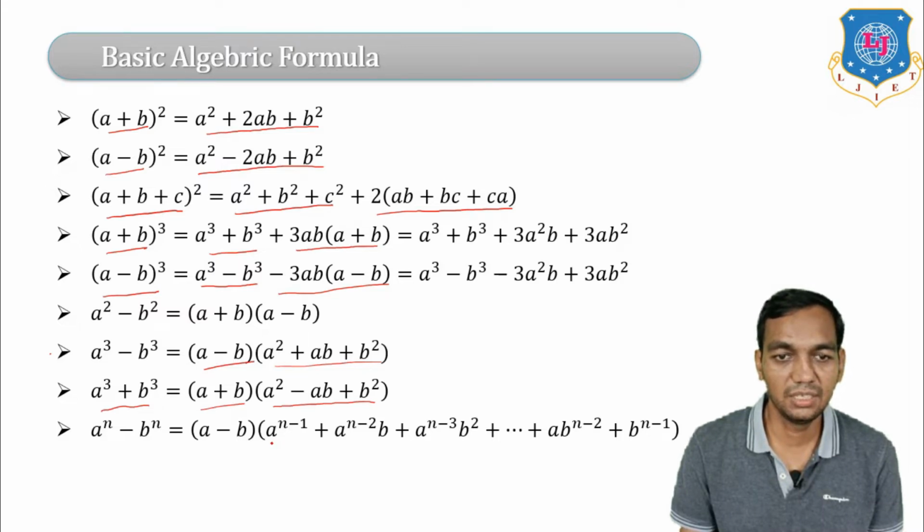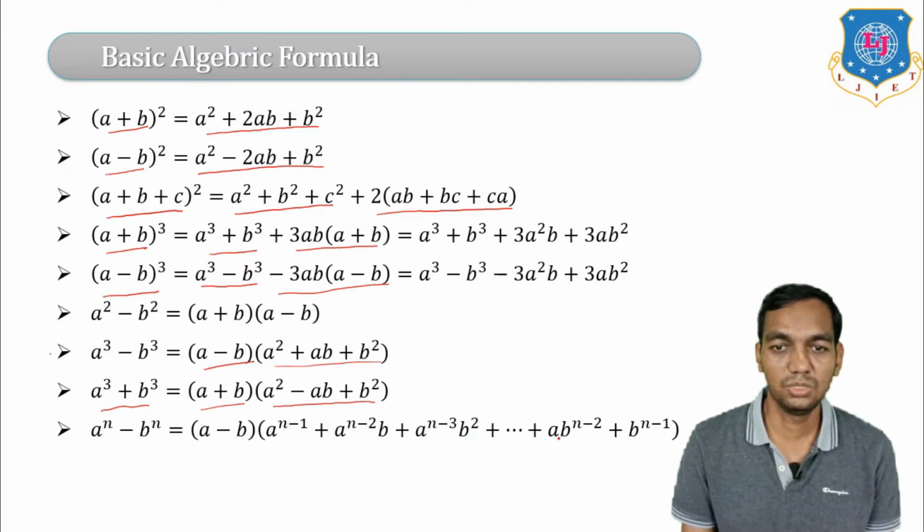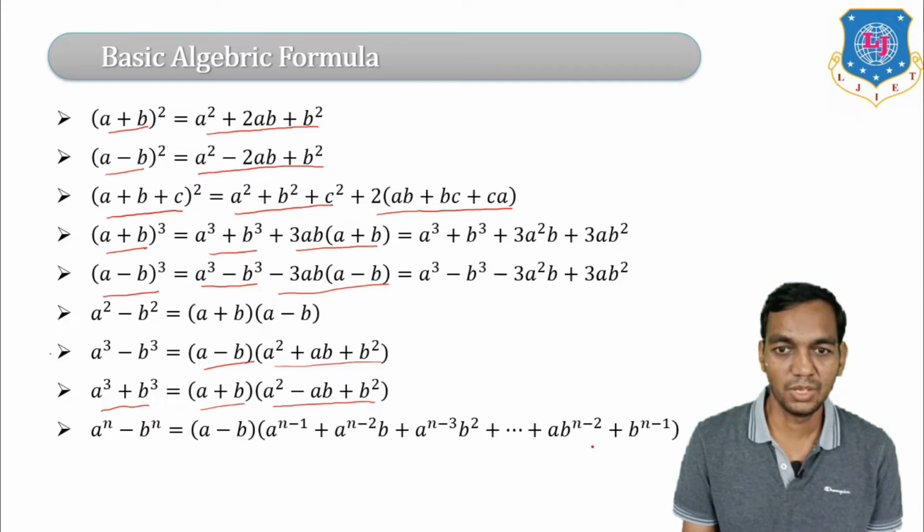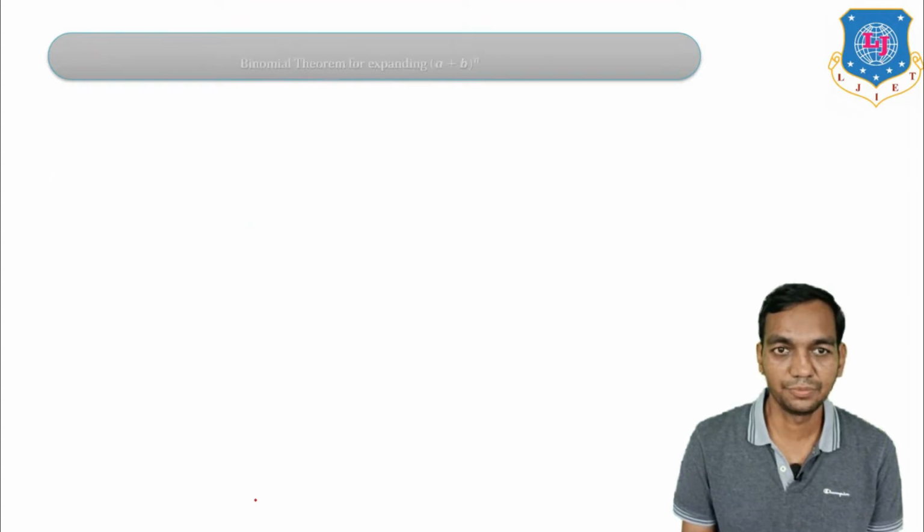In the second bracket aⁿ⁻¹ + aⁿ⁻²b + aⁿ⁻³b² and so on, up to abⁿ⁻² + bⁿ⁻¹. Okay, so this is the formula of factorization.